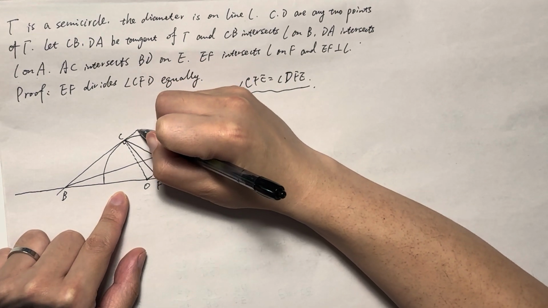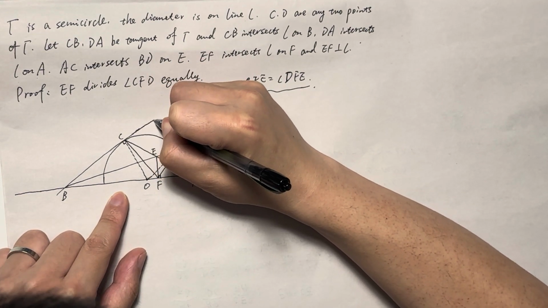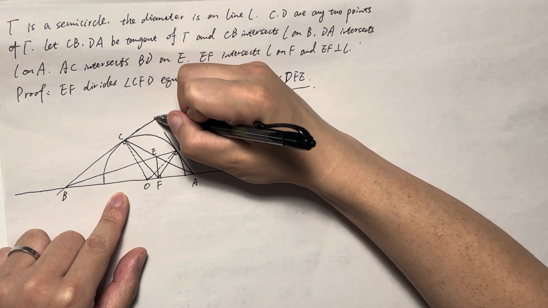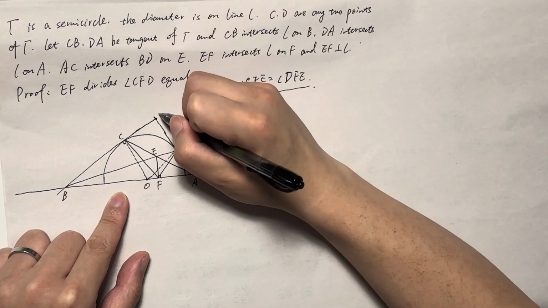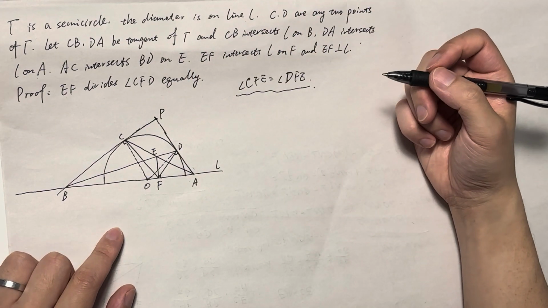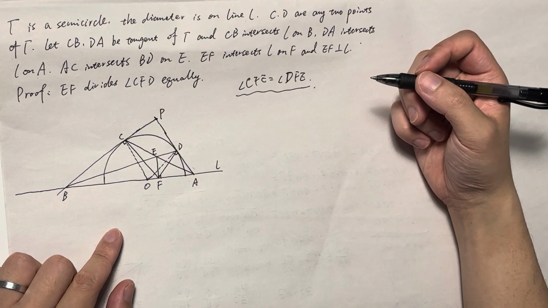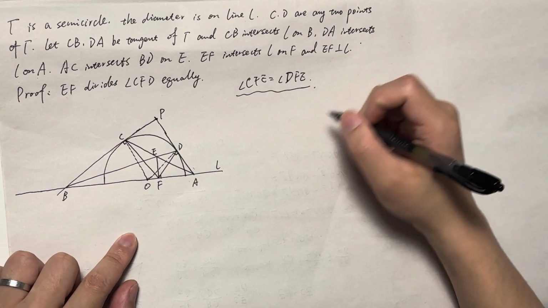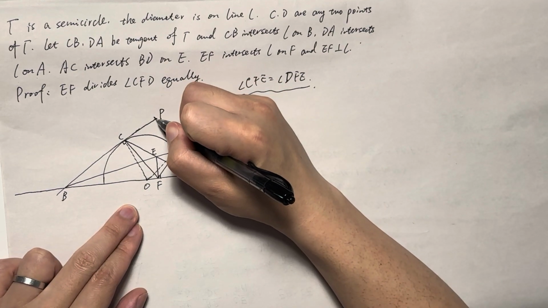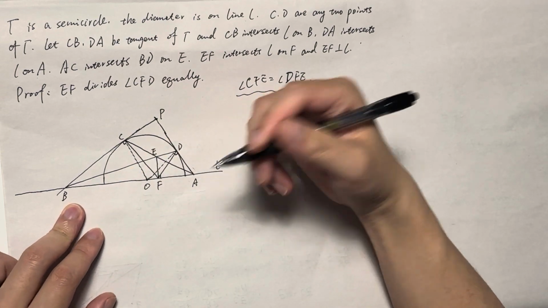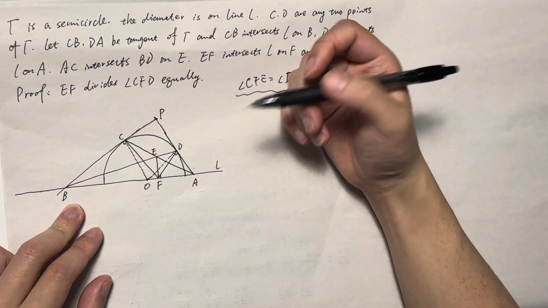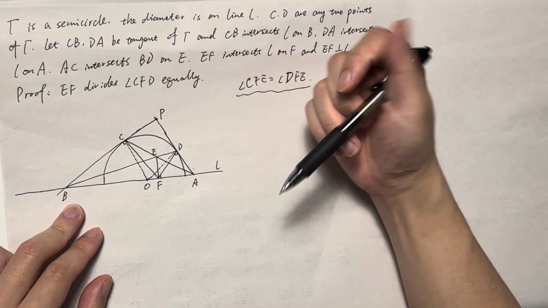Let's extend BC and extend AD and intersect them at a point, let's say P. Because EF is perpendicular to BA, as we thought before, we want to find some similar relations.